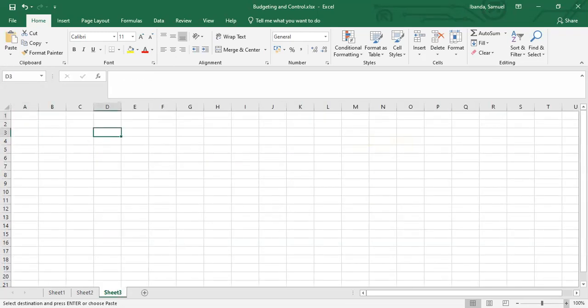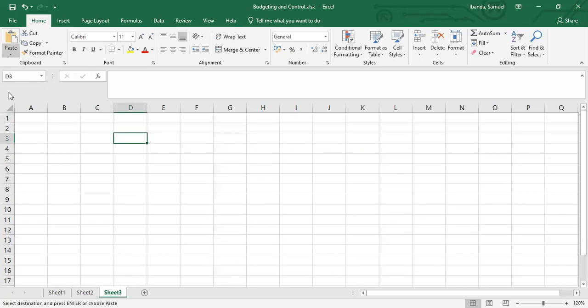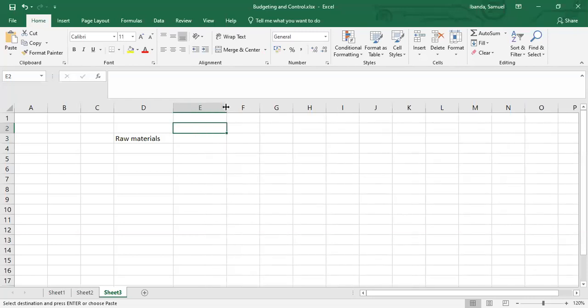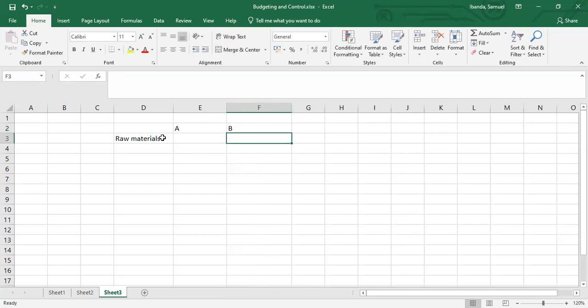Maybe let me just try to put it here. So for raw materials, remember this is material A and this is material B. This is just a working. So for material A, my closing stock is 600, and then for material B is 1,000.